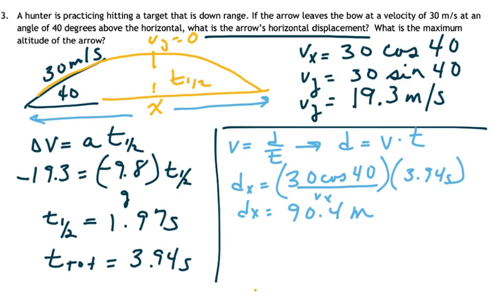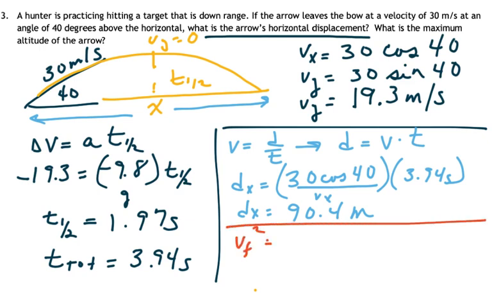And so the last bit is to solve for the altitude at the halfway point. Again, there's a couple of different ways you could do it. Since we know the time, we could use the displacement and time and velocity expression. I'm just going to use this one again.